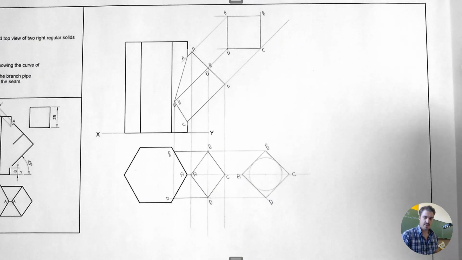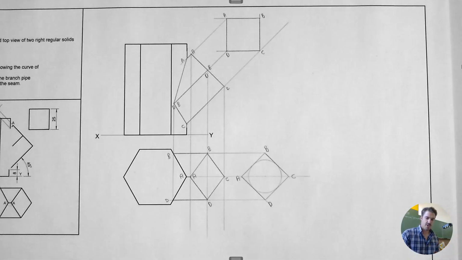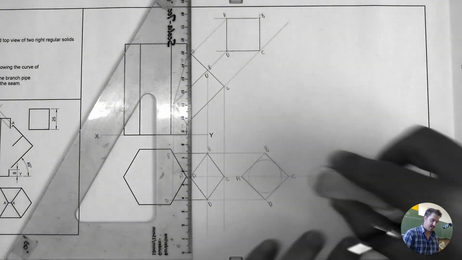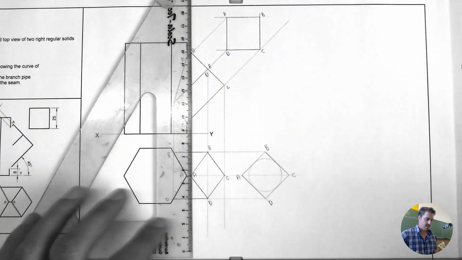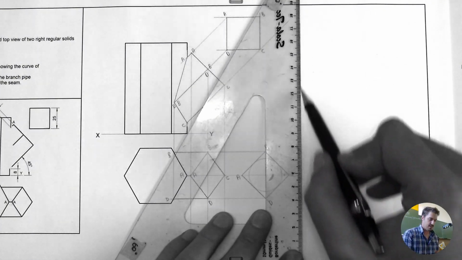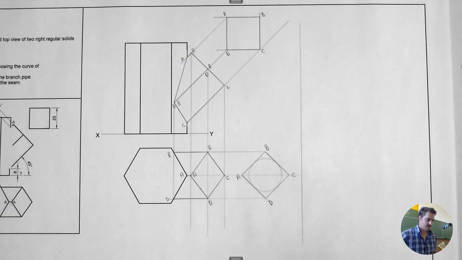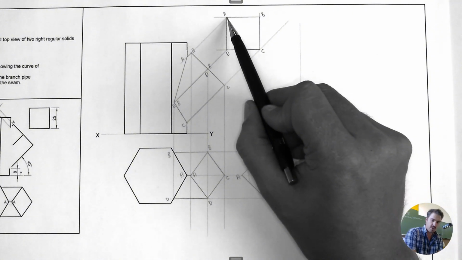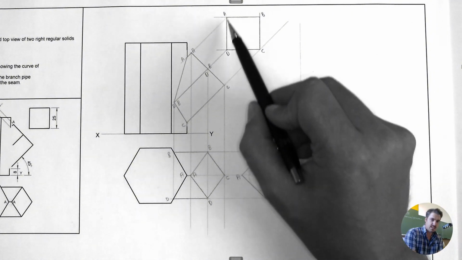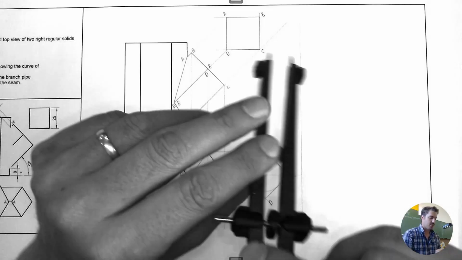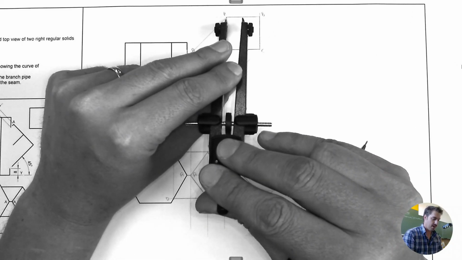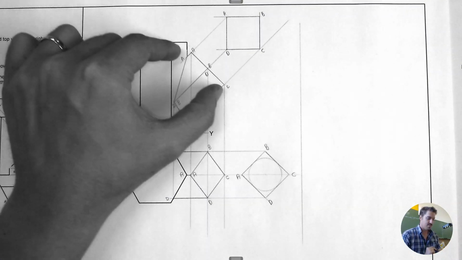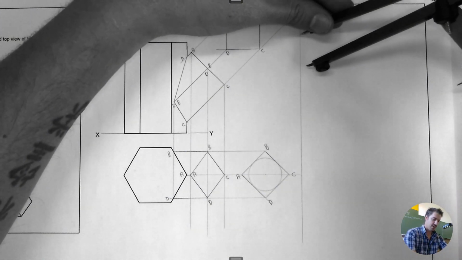So having a look at the development part now, we also develop the branch pipe. So just here on the right hand side, I'm also going to start with a vertical line. In this case, again, the branch pipe is a square, which means I'm going to start on A, B, C, D, back to A. So you grab your compass, you put it on point A, you put it on point B, right, because I need the base measurement, and you start cutting it off anywhere here.